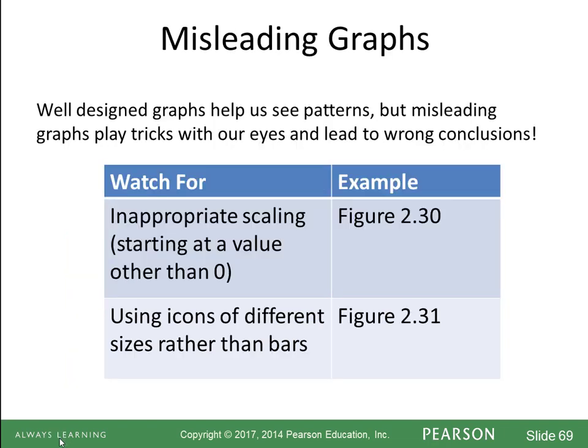So you need to watch for inappropriate scaling, using icons of different sizes rather than bars. Watch for data that starts other than 0. In your book, you can see this on page 58, but here's another example.